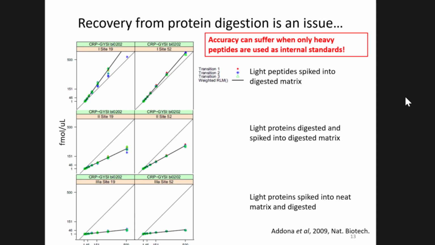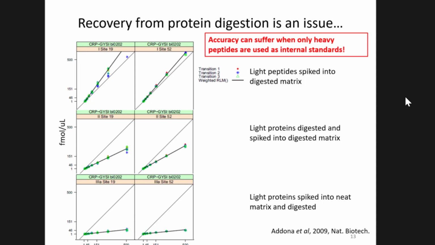And then for this last example where the light proteins were spiked into plasma and then digested altogether, we have practically no recovery of that protein. So this gives you an idea of the effect of the matrix. The protein was digested along with the matrix here, and we didn't recover it, versus maybe incomplete digestion efficiency.